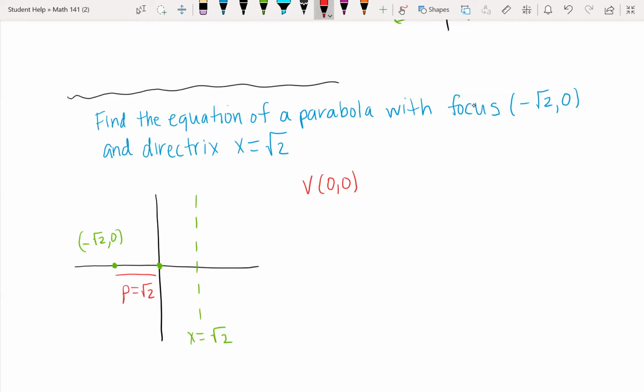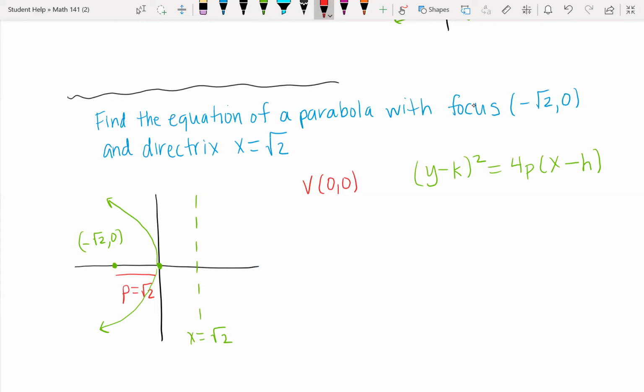So this is going to be a parabola that's opening to the left. So the general format for that kind of a parabola is y minus k squared equals 4p times x minus h, right? We know that h and k are 0, 0.